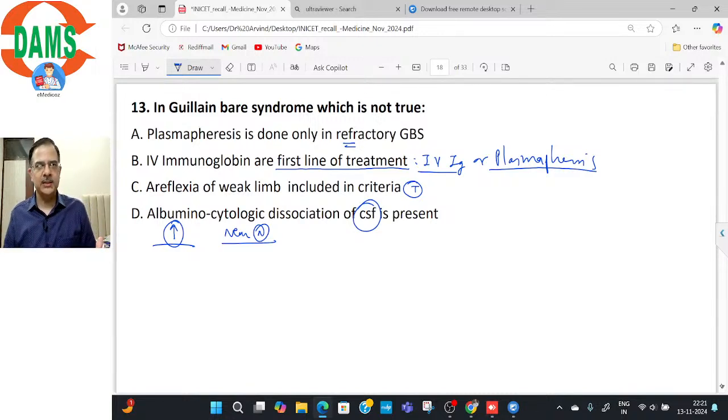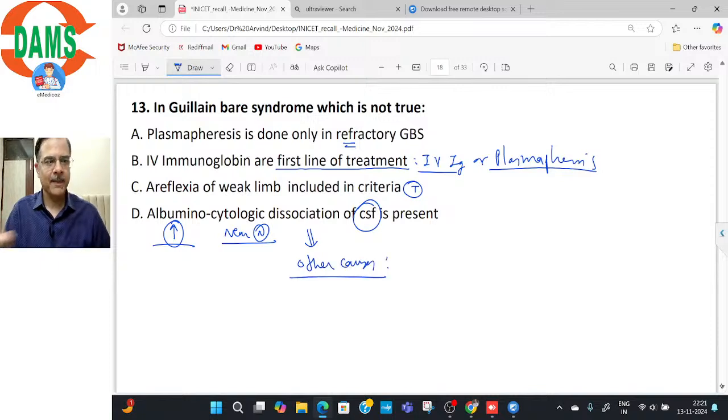Now let me ask you a question. Albuminocytological dissociation, can anyone tell me what are the other causes of it? Plasmapheresis is not indicated in refractory is the option. Yes, that is the option. So what is your question?